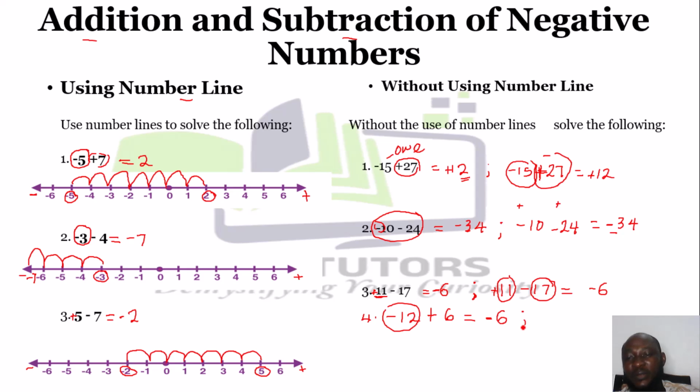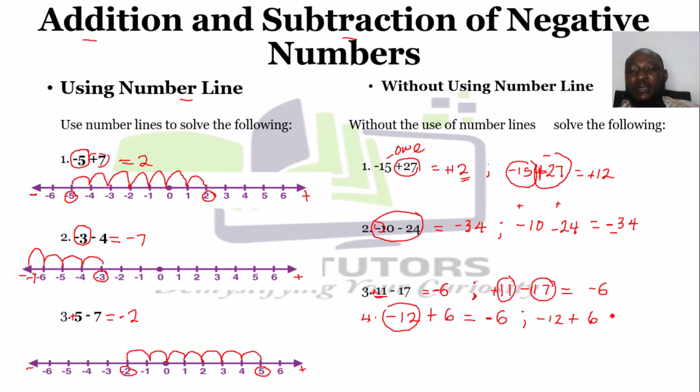Now let us look at the other way of solving this. We have two opposite signs here. And since we have two opposite signs, minus 12 plus 6, automatically we are minusing. 12 minus 6, assume that you don't have this positive and negative signs there. 12 minus 6 is what? 6.